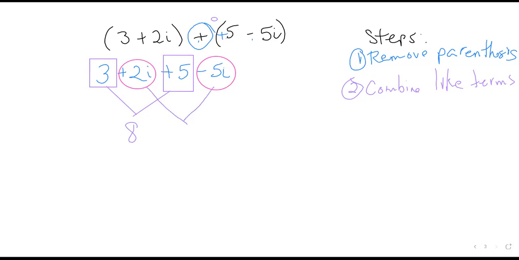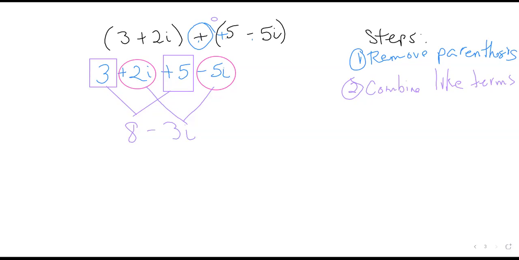So 2 minus 5 is negative 3. Negative 3i. Can't forget that i. Again, it's just like saying 5 minus 2, but I keep my larger sign, which is negative. That is my final answer. That's all I have to do for this problem.